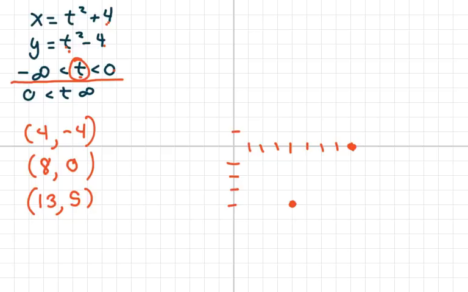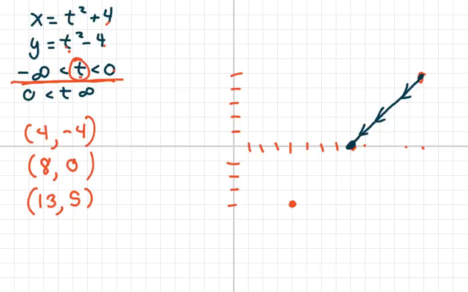So 1, 2, 3, 4, 5. It's 8, 9, 10, 11, 12, 13 goes to 5. So as t goes to negative infinity, from 0 we're going down here. So my orientation is to the left.